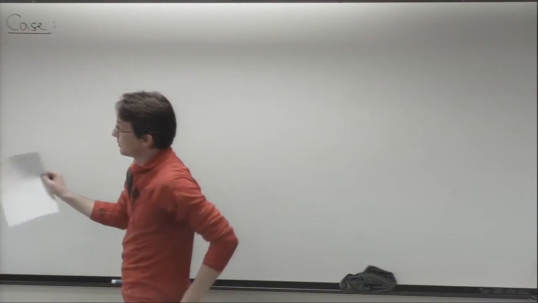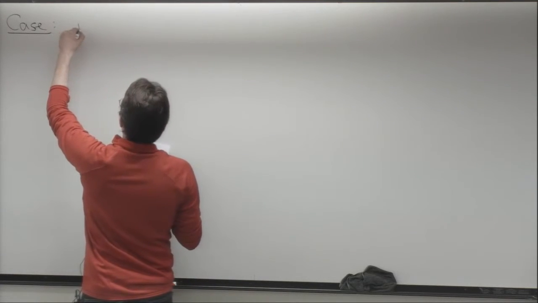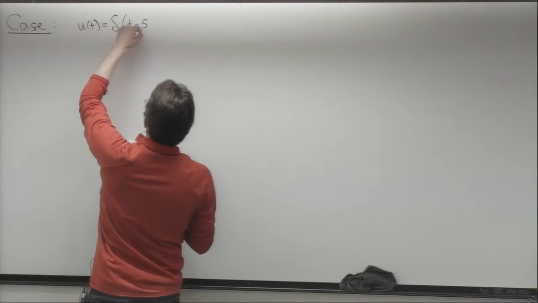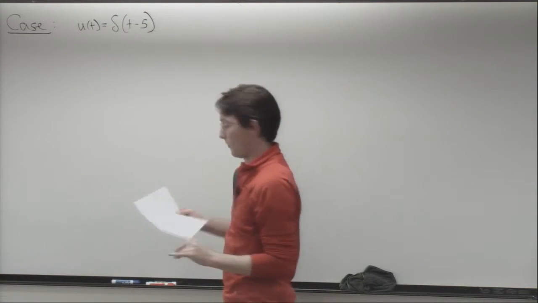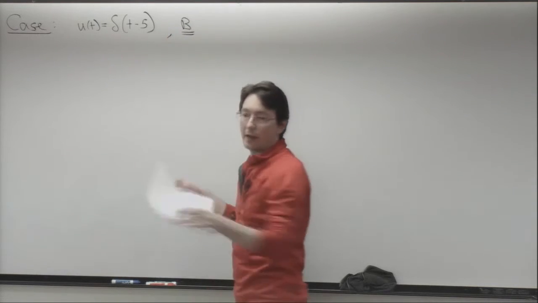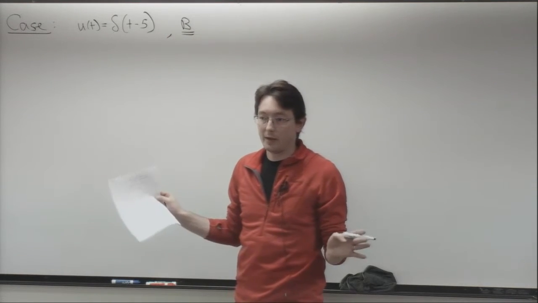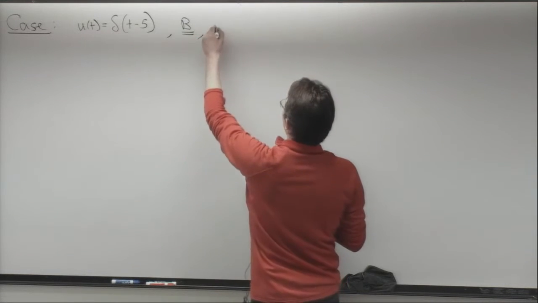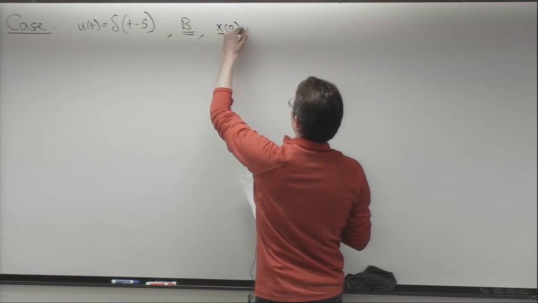For case 3, we're basically just going to add these two. u is still a delta function at t minus 5, and I'm just going to let my input B be whatever it is. I'm not going to specify this matrix B. And I have some initial condition.